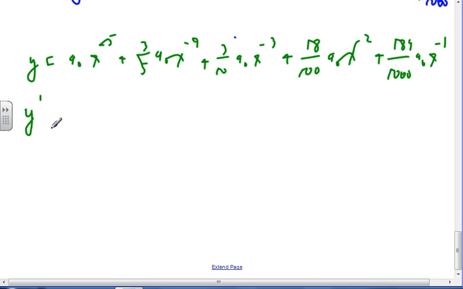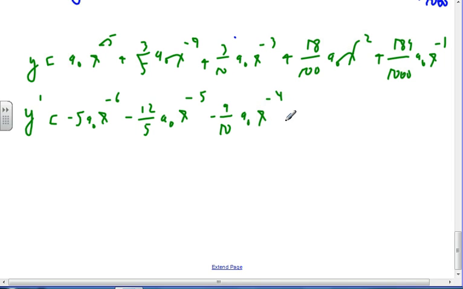Oh boy. Okay, so I got minus 5 a0 x to the minus 6, minus 12 over 5 a0 x to the minus 5, minus 9 over 10 a0 x to the minus 4, minus 36 over 100.